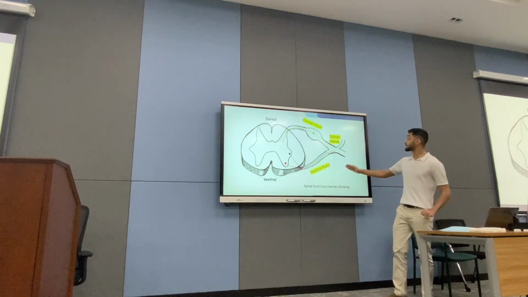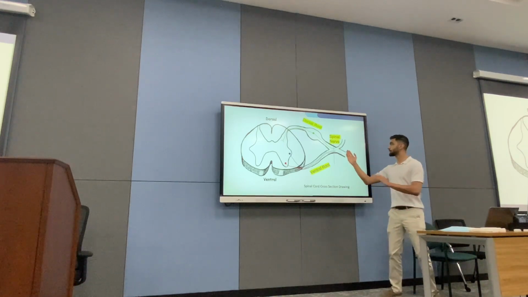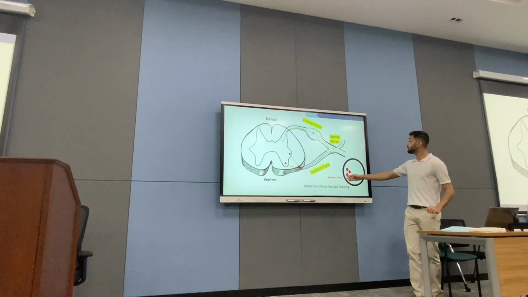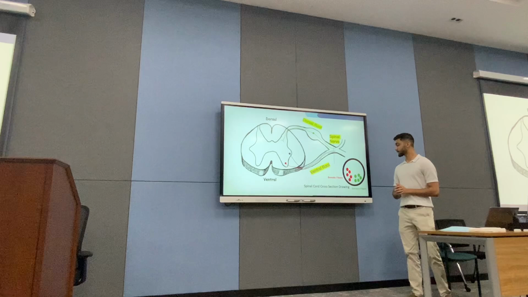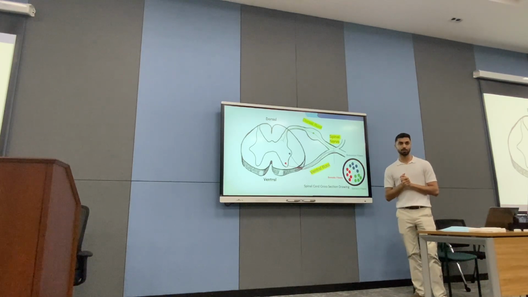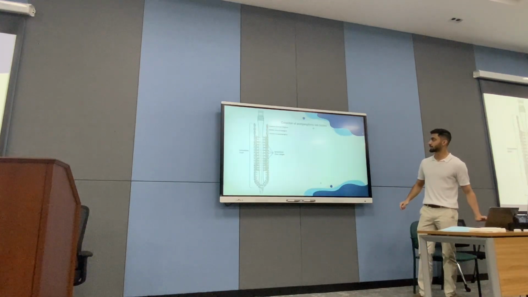If we take a cross section of the spinal nerve right here, like we look from the side, we will see a large number of somatic fibers, sensory fibers, and autonomic fibers. This is the cross section of the spinal nerve. We want to focus on the autonomic fibers.